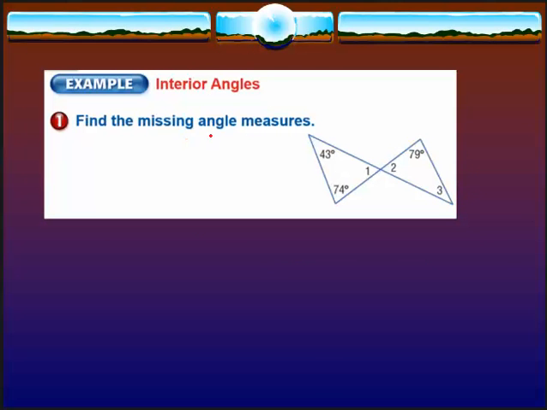Find the missing angles here. How are we going to do that? We need to look at what is given to us and figure out the relationships there. Well, look, I have 2 angles in this triangle. And I know that all 3 of them must add up to how much again? 43 plus 74 plus, we'll call these angles X, Y, and Z, just so we don't have numbers in here.